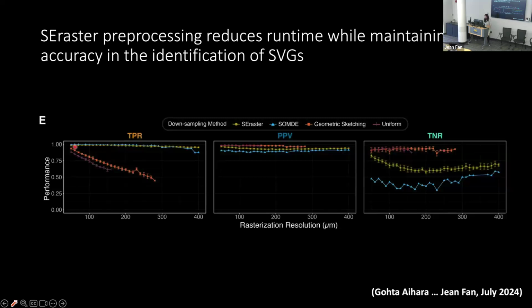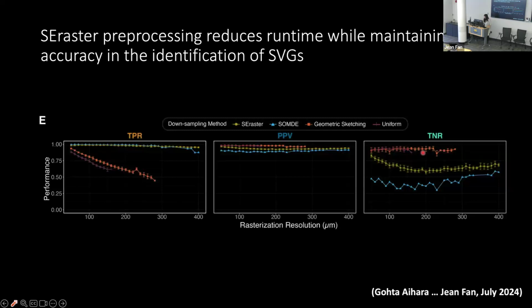But for this aggregation-based approach, we maintain a pretty good true positive rate, even for very coarse resolutions of aggregation. So we do think if you're looking to reduce the number of spatial points that you're considering, that this type of aggregation preprocessing can be very useful.